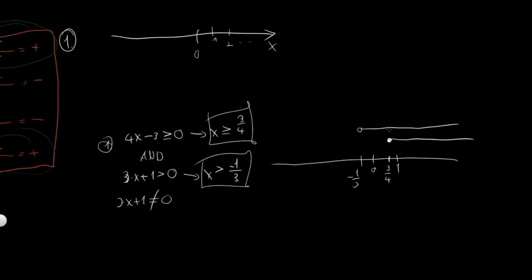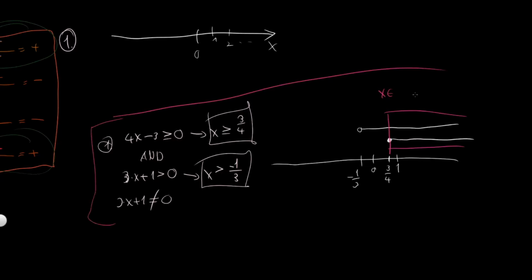So the intersection of these two is the solution, from this point to this. So the solutions of the first example are numbers from 0.75, enclosed, to positive infinity. That is the first solution we have.